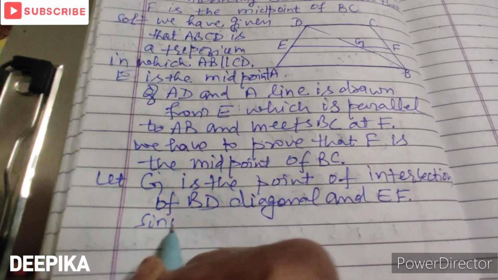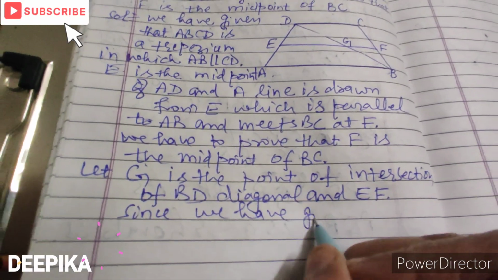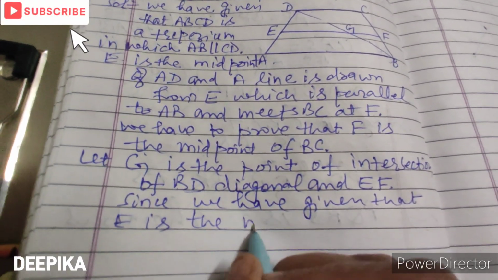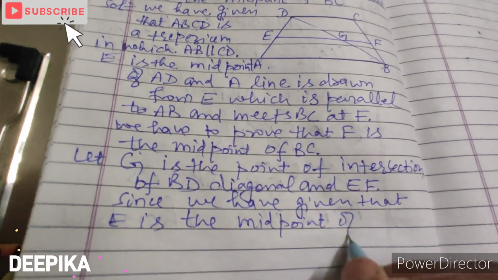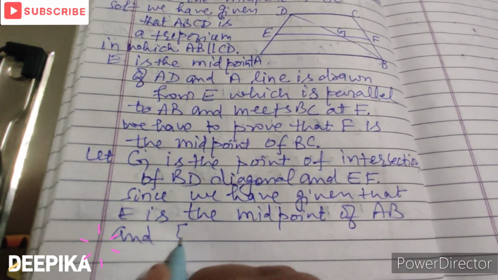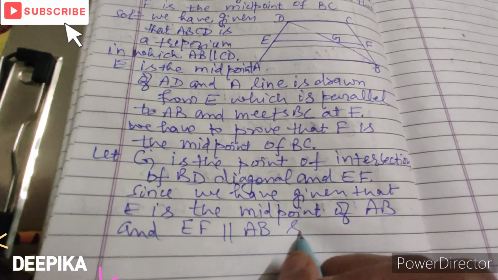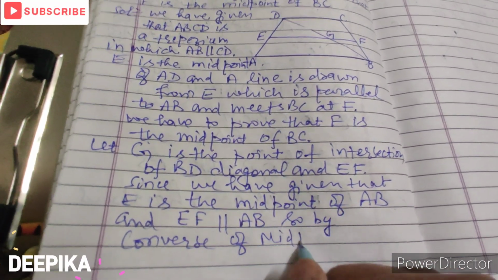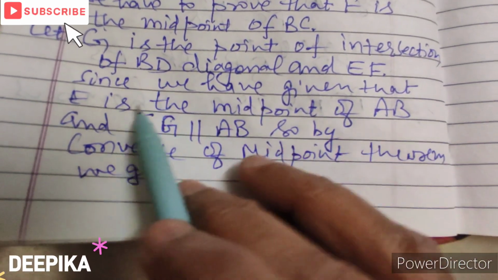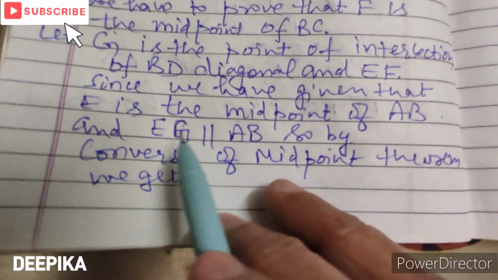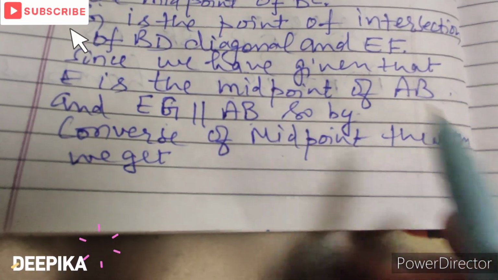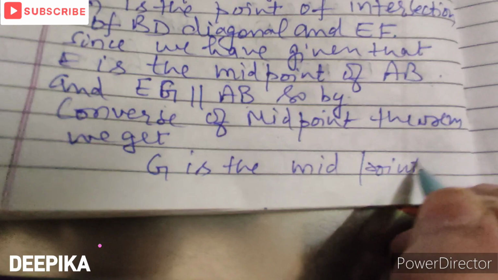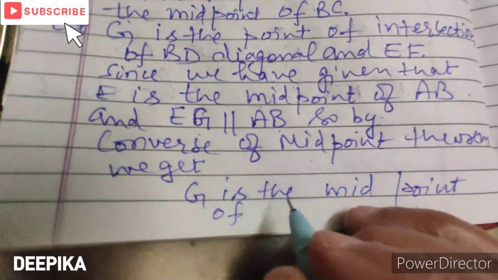Since we have given that E is the midpoint of AD and EG is parallel to AB, so by converse of midpoint theorem we get G is the midpoint of BD.